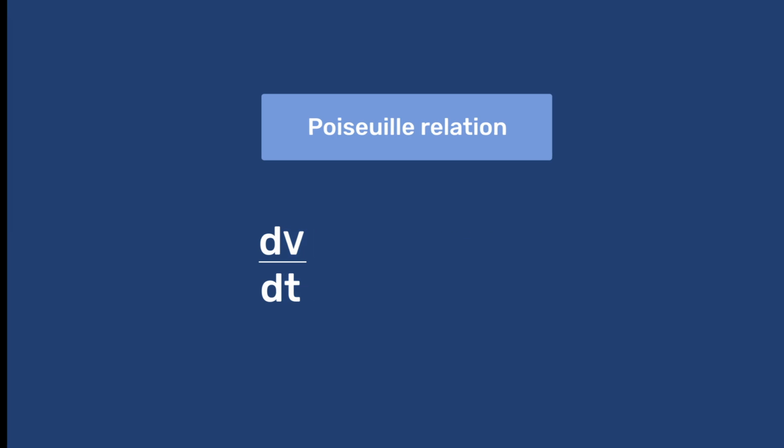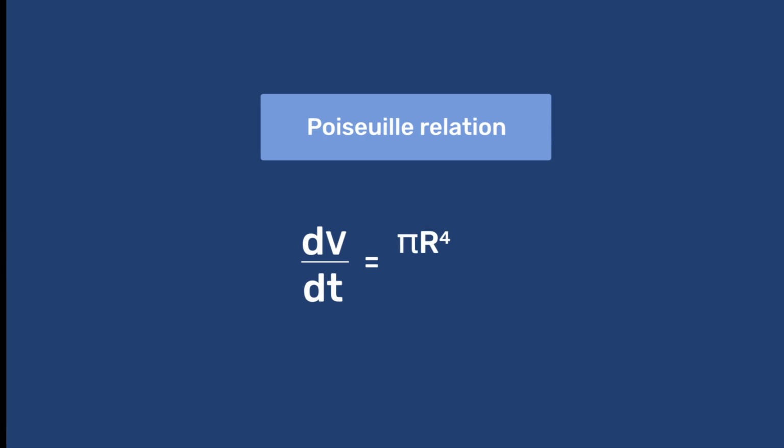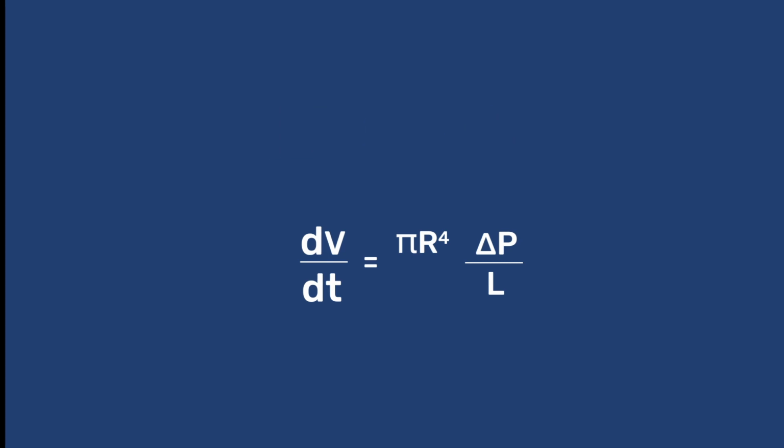Poiseuille's relation states that dV/dt varies as the fourth power of the pipe radius r, is proportional to the pressure gradient, expressed by the pressure drop ΔP over the pipe length L, and is inversely proportional to the fluid viscosity η.